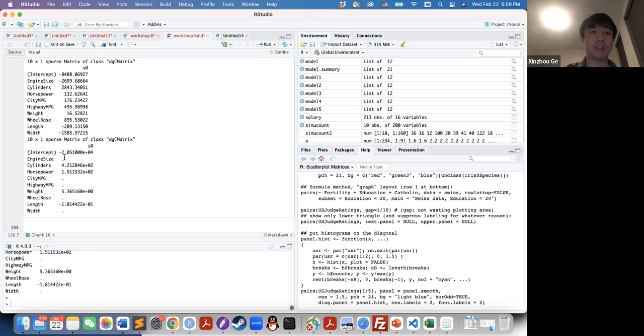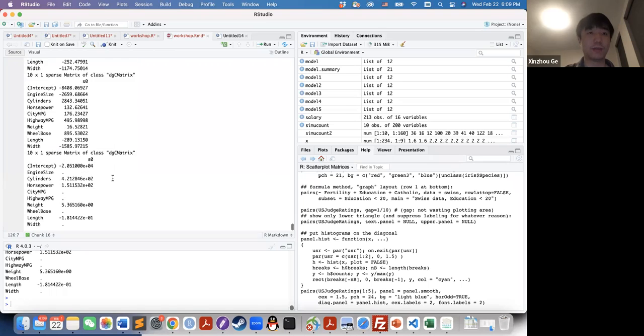Furthermore, many of the predictors have 0 coefficients, so we know that these predictors are not so important, and we can remove them from the model without much loss of accuracy. And so it helps us do variable selection, and we can have a good interpretation of the results. And that's how lasso regression works.